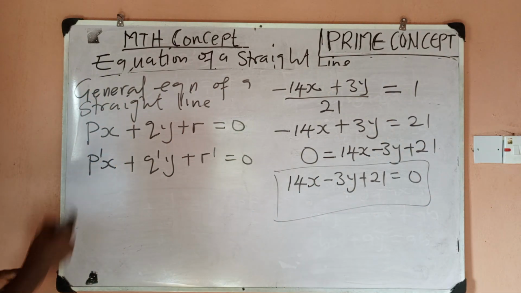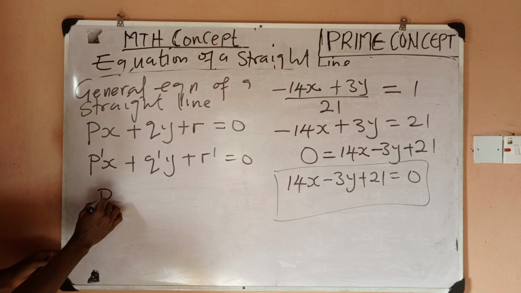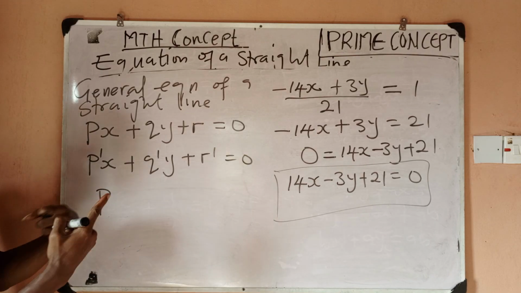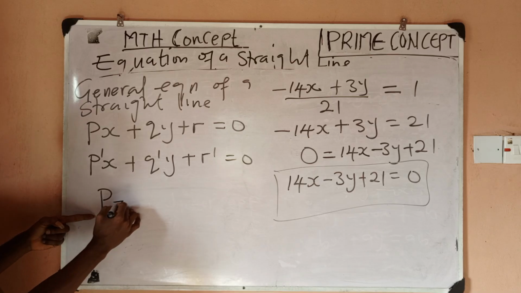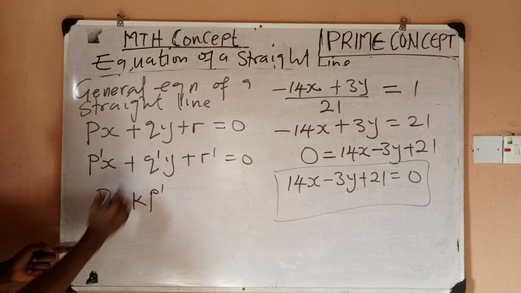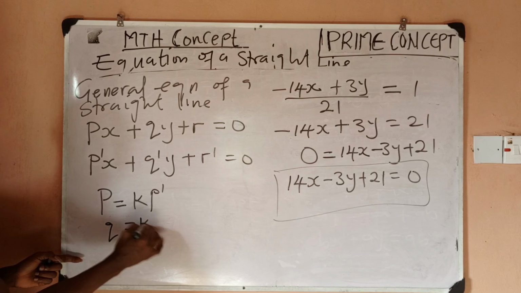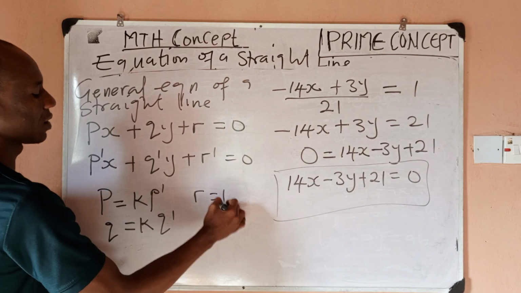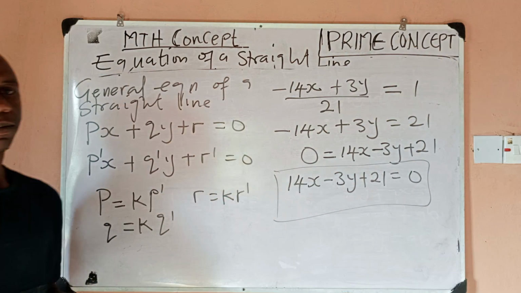So you can say that p is proportional to p prime. When you remove the proportionality, you simply say that p is a constant k times p prime. Similarly, q is a constant k times q prime. You would also say r is a constant k times r prime, right?